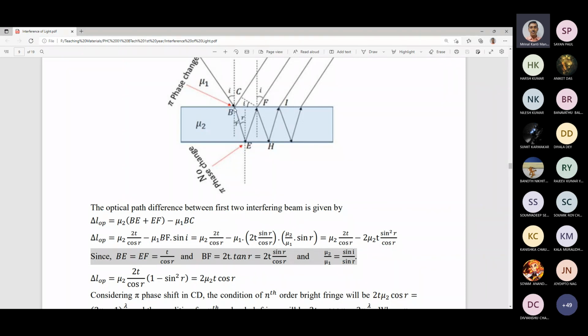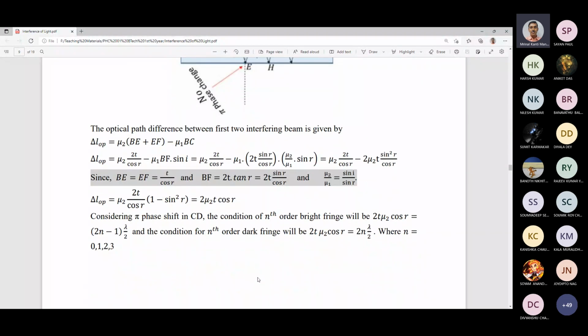If we consider sin i by sin r, that is mu2 divided by mu1. So mu2 divided by mu1, that is sin r. Then you can see this mu will be cancelled out. Then sin square r by cos r. So if we take common, that is mu2 twice t by cos r, (1 minus sin square r), that is equal to cos square r. So cos r will be cancelled out. So we will get twice mu2 t cos r, right? So this is the actual path difference, twice mu2 t cos r.